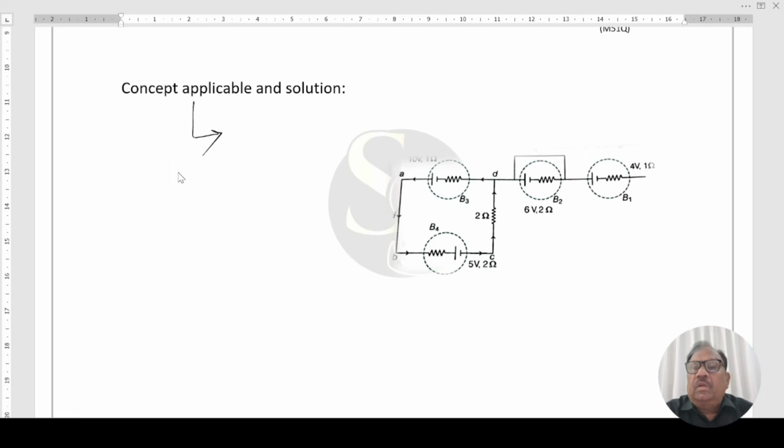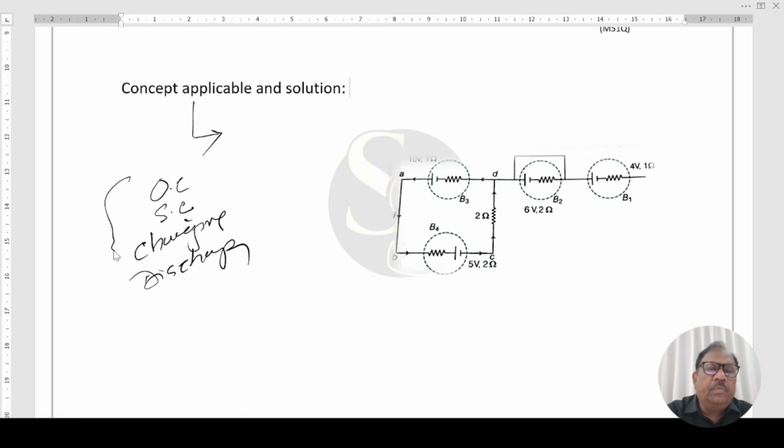We should be familiar with the terms open circuit, short circuit, charging, discharging. All these concepts will be applicable here, and KVL will also be applicable here.